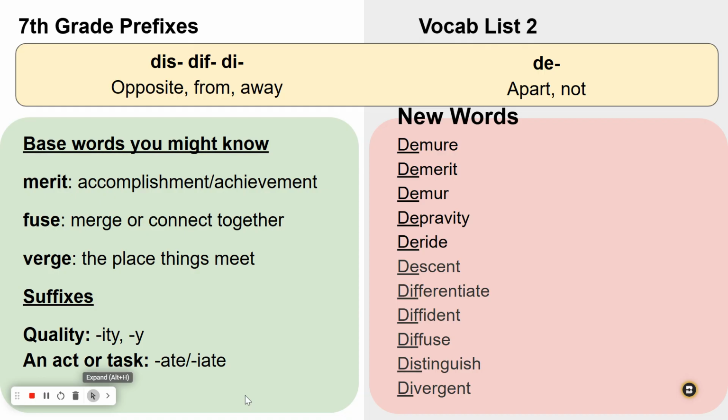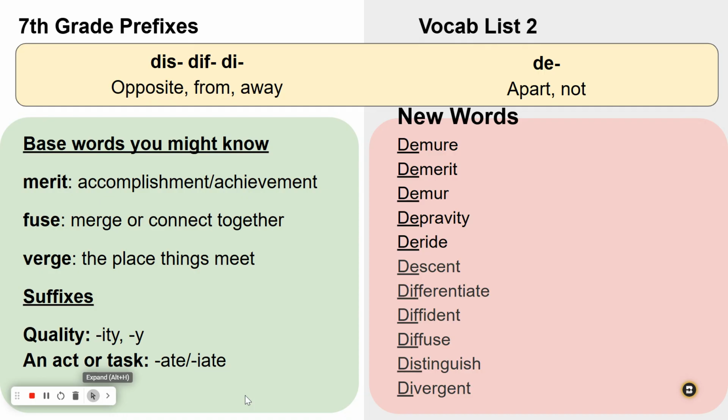Some of the base words, these aren't word families, these are just base words that you might know in our new list, are merit, which means accomplishment or achievement, fuse, which means merge or connect together, verge, which means the place where things meet. So in demerit and diffuse and diverge, we've added a prefix to those base words to make them mean the opposite, and you'll notice that when we write down the definitions.